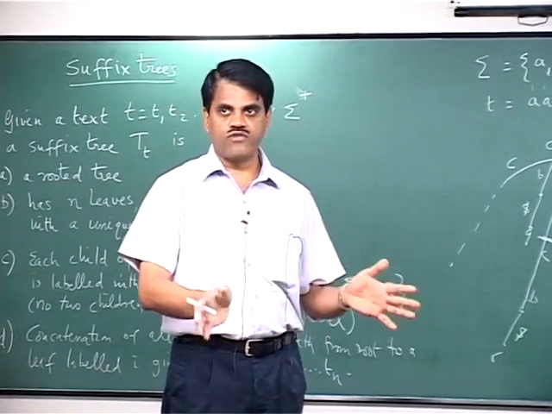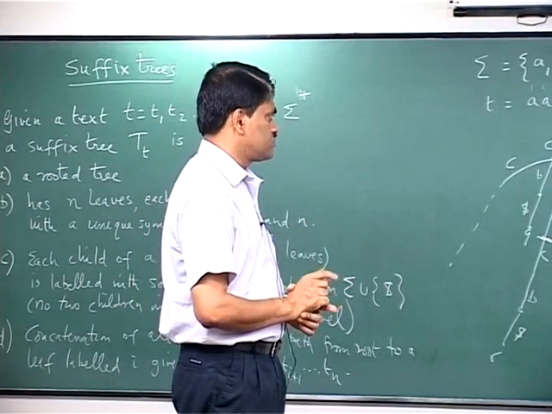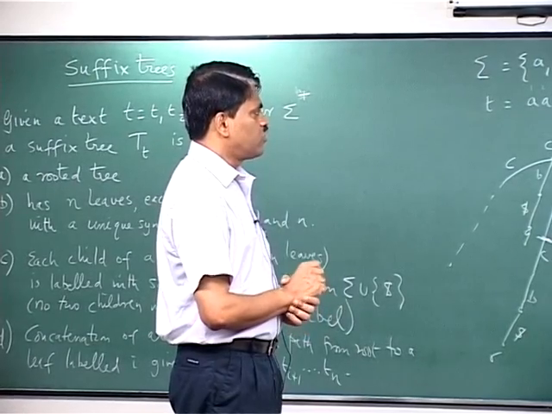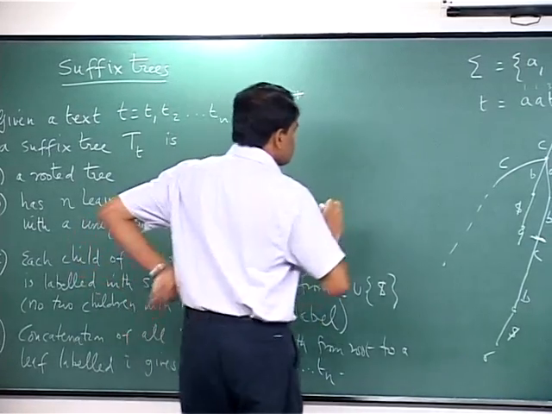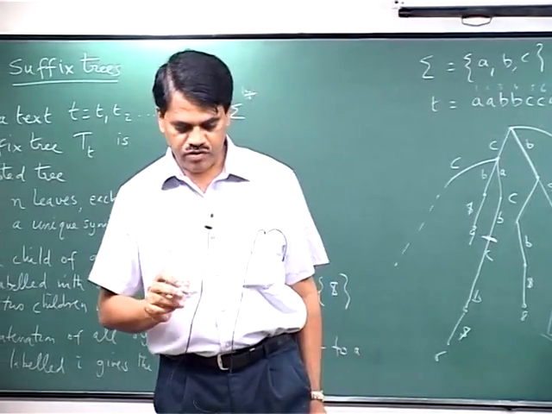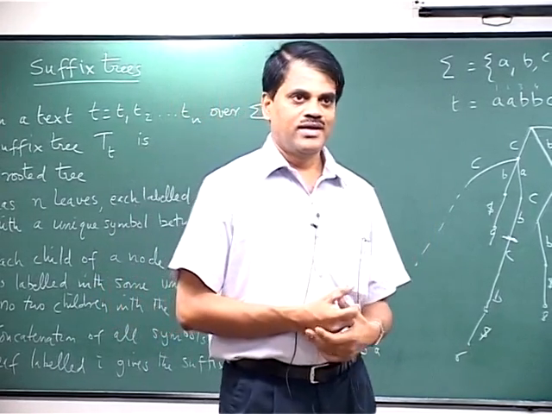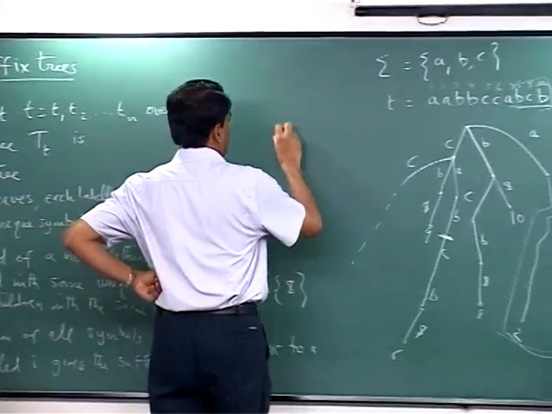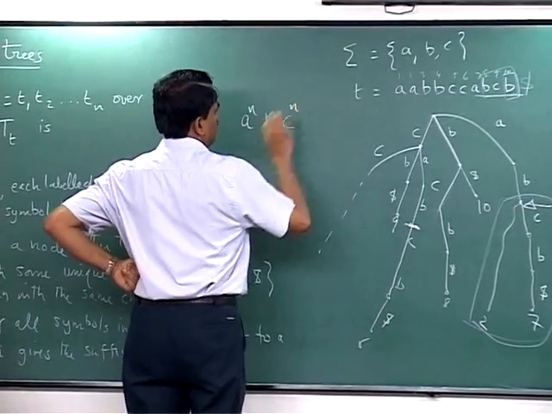So, what would be an example of suffix tree? Let us say I look at a text where there are only 3 characters here. Let us say I look at a power n b c power n.